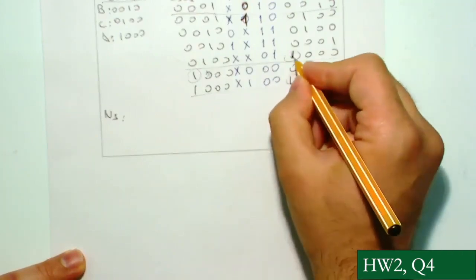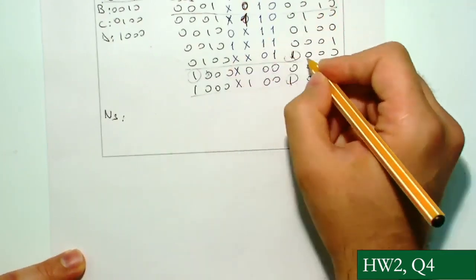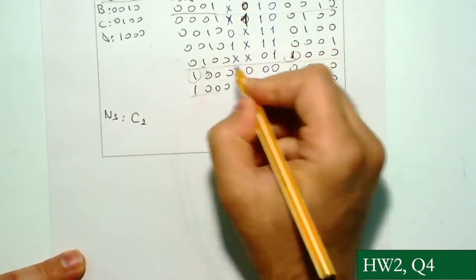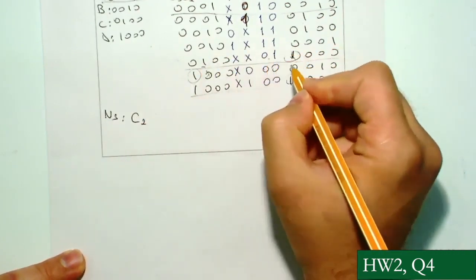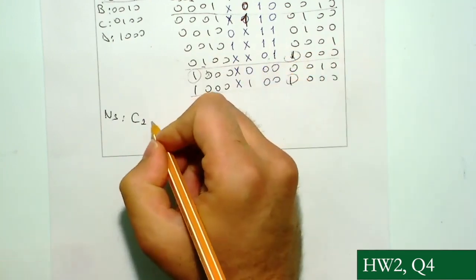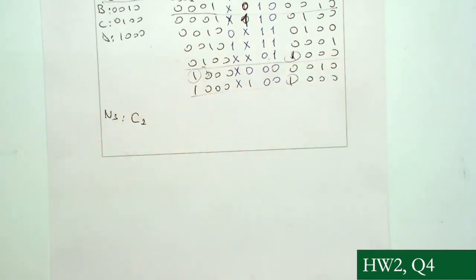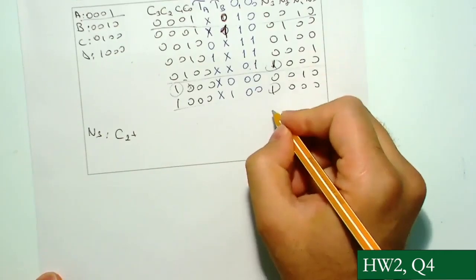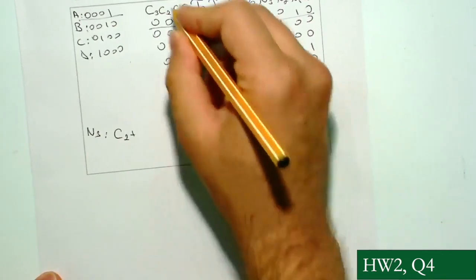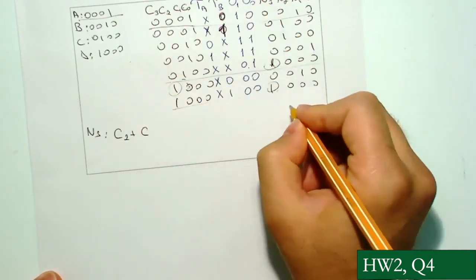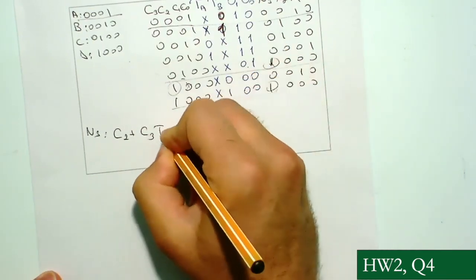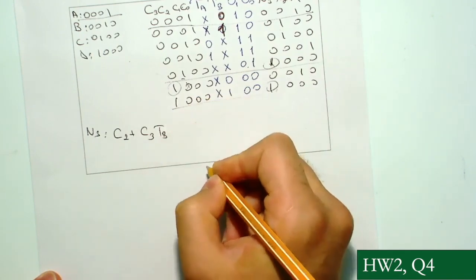So when the entry is 1, this means that C2 is 1, and that's it, I guess. Let me do a sanity check here. All right, and the second one is this, when N3 is 1 and C3, and also TB, I guess. All right, okay.